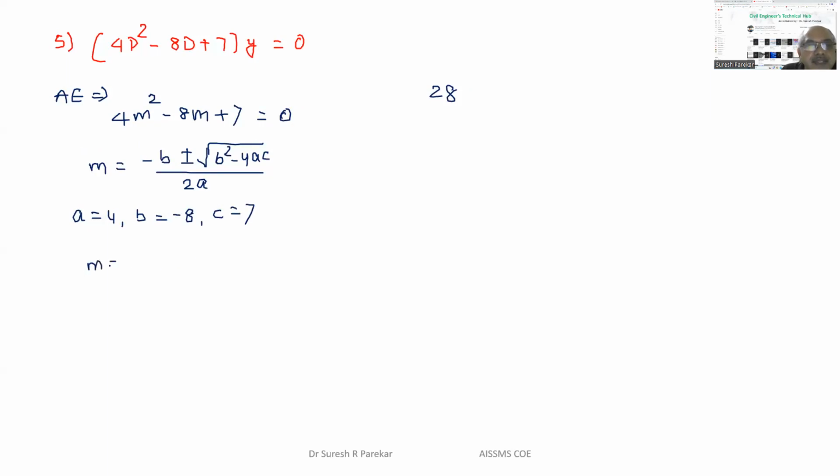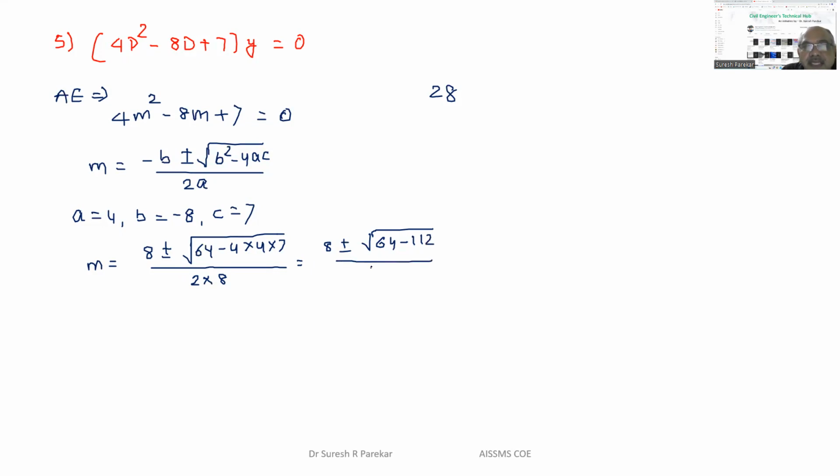And then m is equal to 8 plus minus root of 64 minus 4 into 4 into 7, which is 16 into 7, 112, divided by 2 into 8.